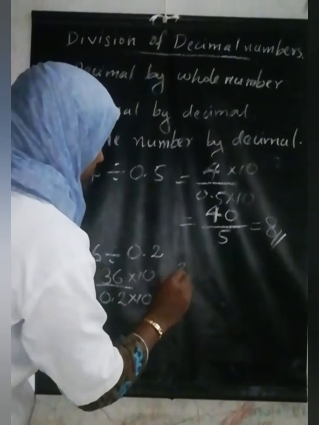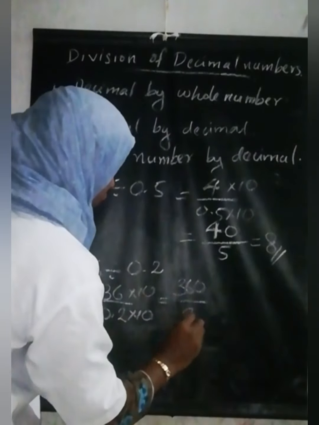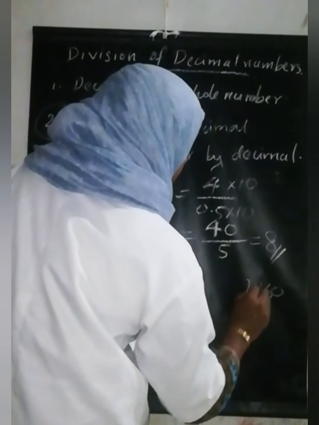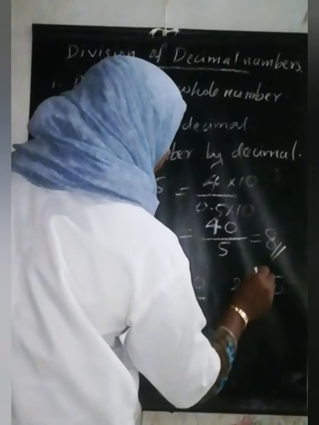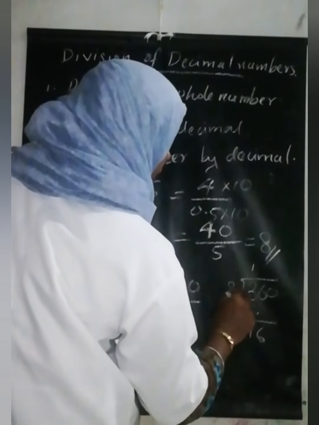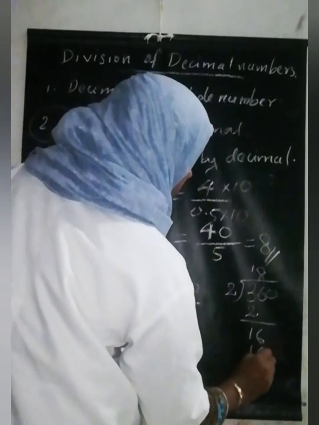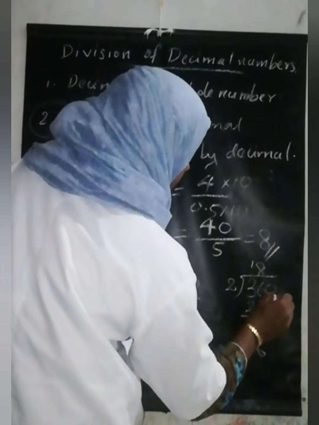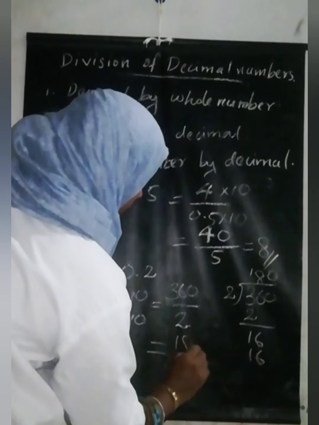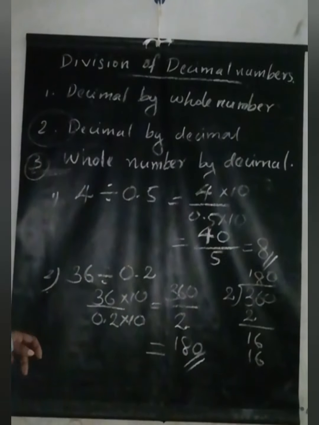Then the question becomes 360 divided by 2. Now we can do it easily. 1 into 2, 2, 1, 16, 8, 8 into 2, 16. Division over, put the 0 here. Okay, then the answer is 180.